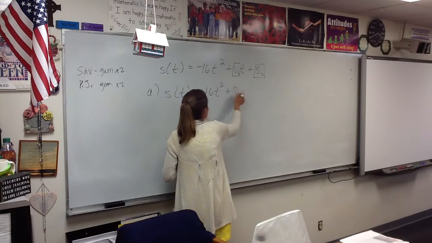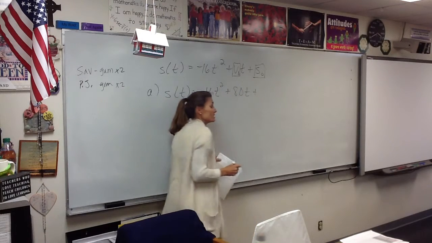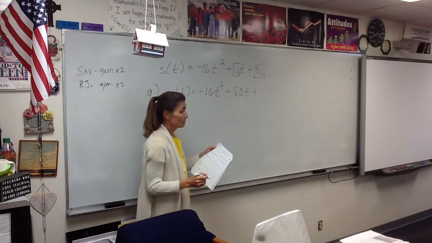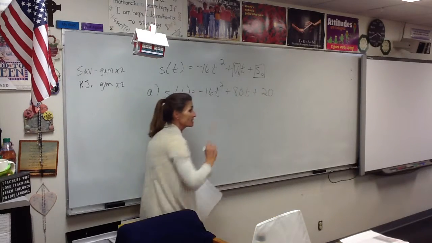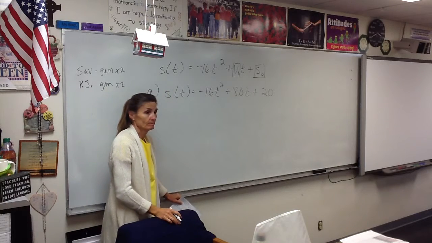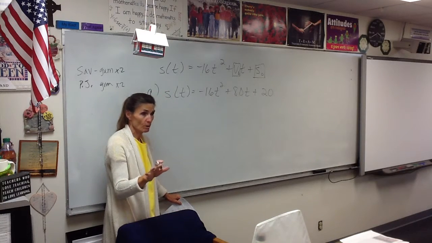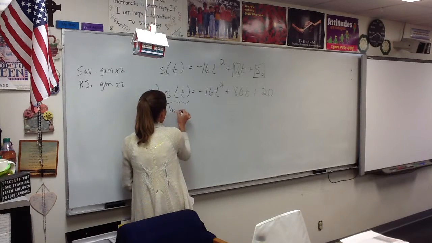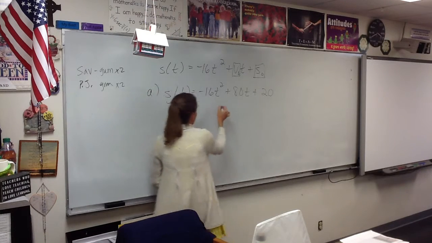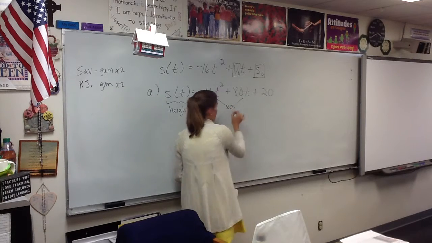So we have plus 80t. What is the initial height? 20. There is the answer to part A. That's all you have to do for part A. This represents the height, and this represents the time in seconds.